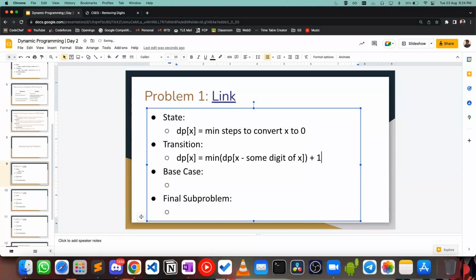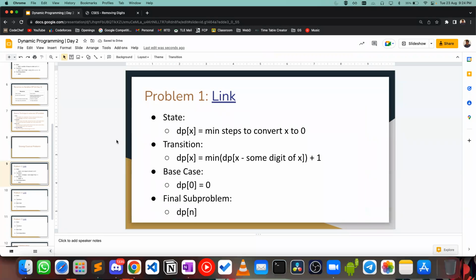And what? Plus 1. And can the some digit of x be 0? When I'm saying dp of x is equal to minimum of dp of x minus some digit of x plus 1, can this some digit of x be equal to 0? Yes or no? It cannot, right? Perfect. And what about the base case? The base case is very simple. dp of 0 is equal to 0. And the final subproblem is dp of n.